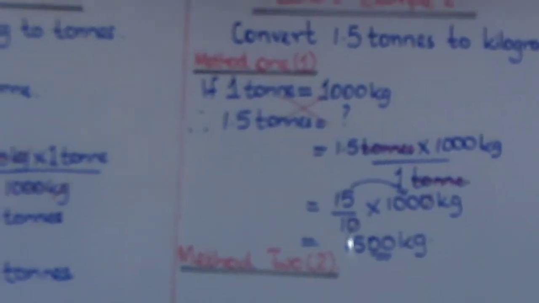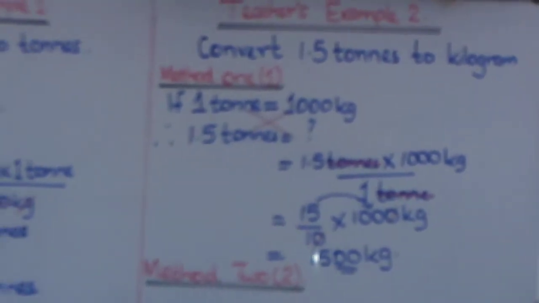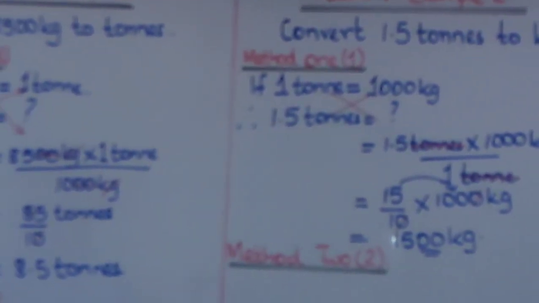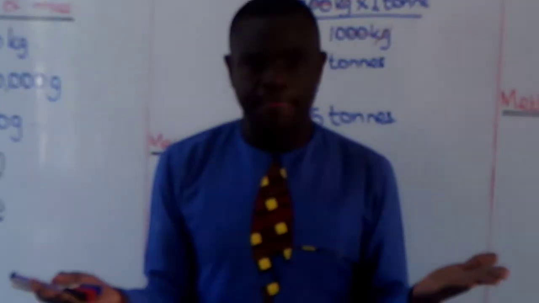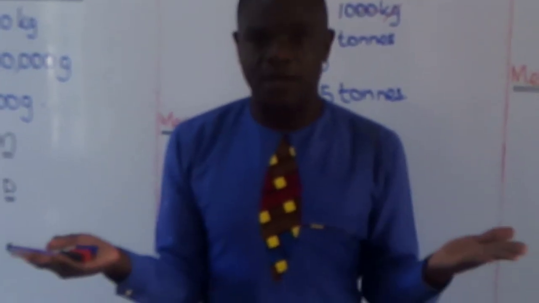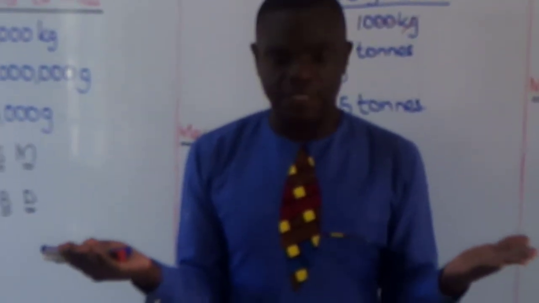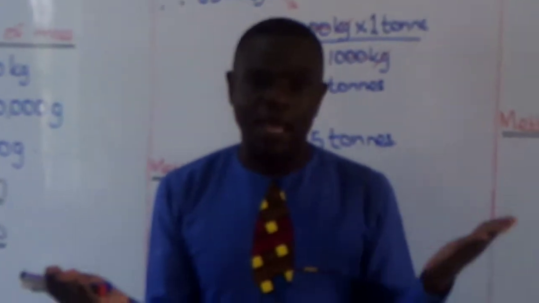Remember, we are coming from a ton to kilograms. And that's how we do. In method 2, we compare between the ton and the kilograms. Which one is bigger? Obviously, a ton is bigger than a kilogram.